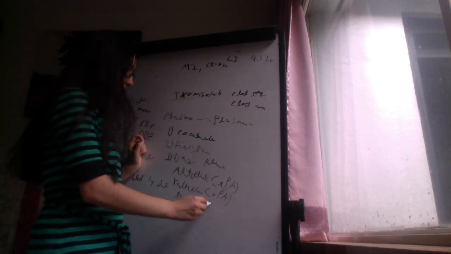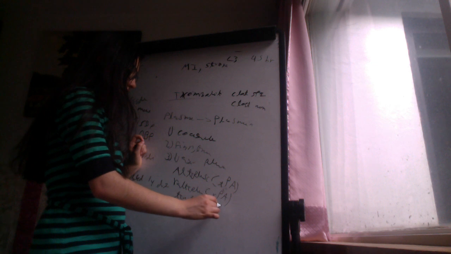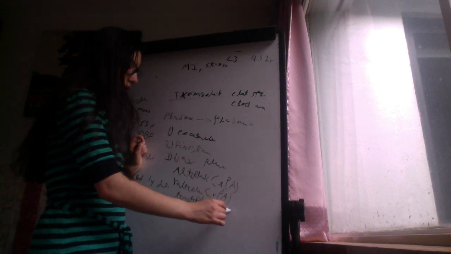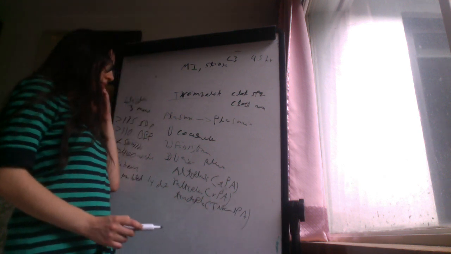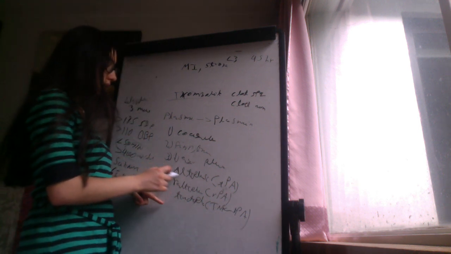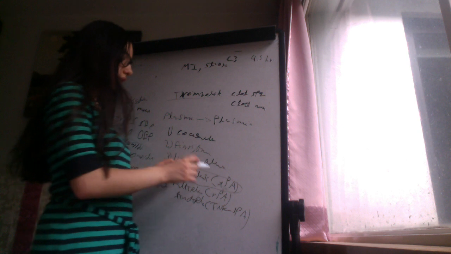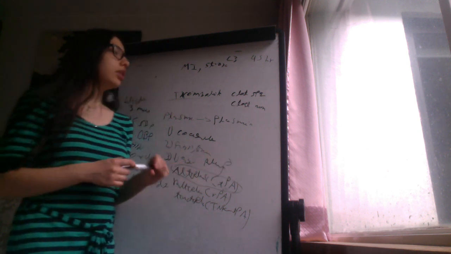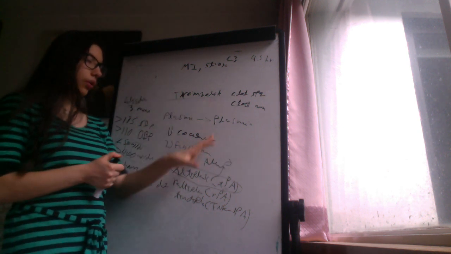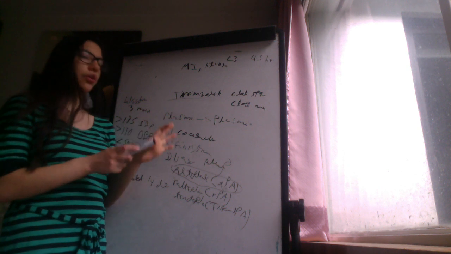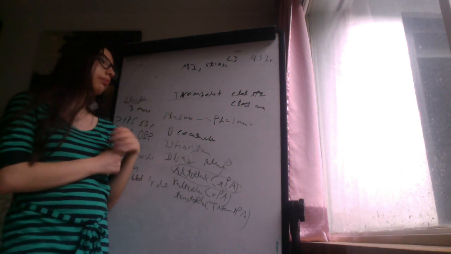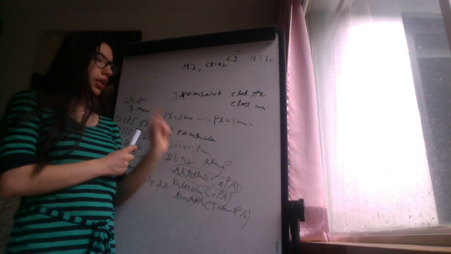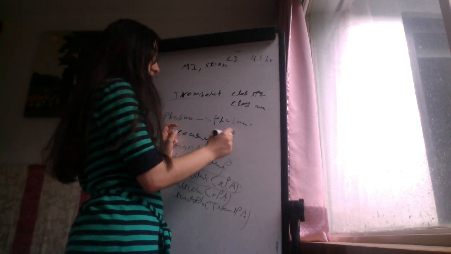Tenecteplase, abbreviation TNK-tPA. Alteplase is the only one that is clot specific. Usually all the others can bind to fibrinogen that is in the blood and in the thrombi. There is also streptokinase.